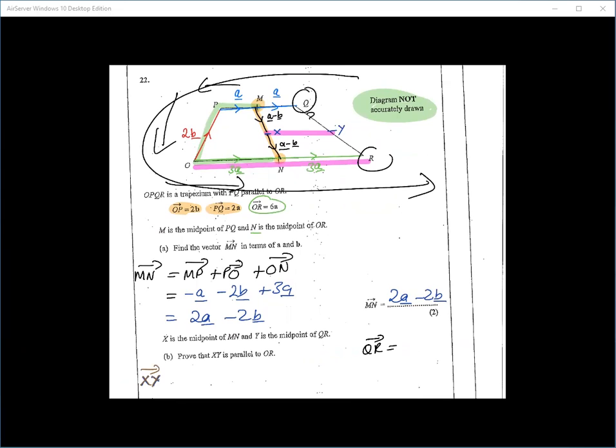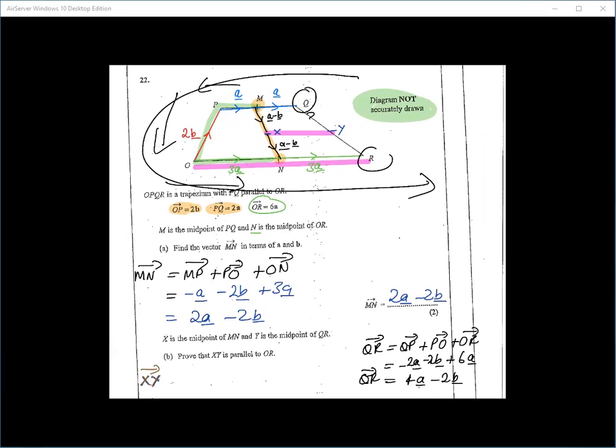So Q to R is Q to P plus P to O plus O to R, which will be minus 2a minus 2b plus 6a. Simplify, please. 4a minus 2b.